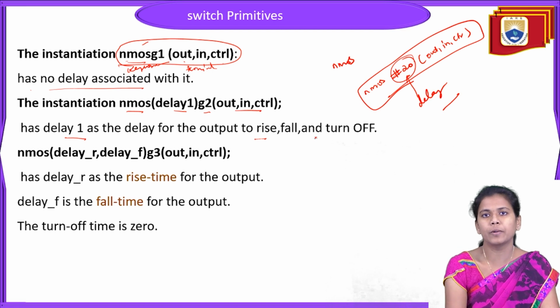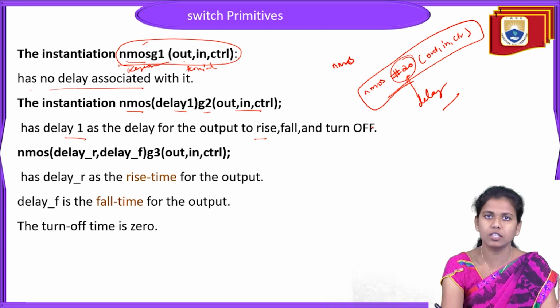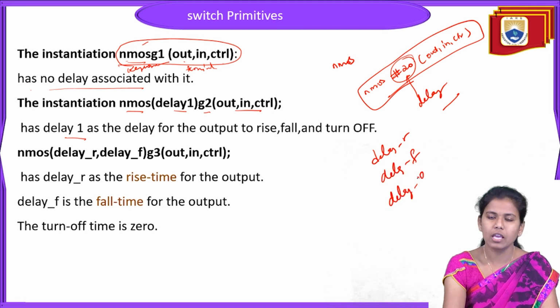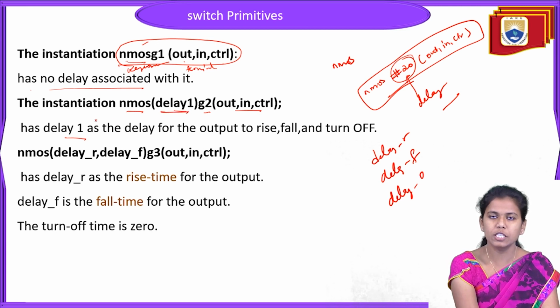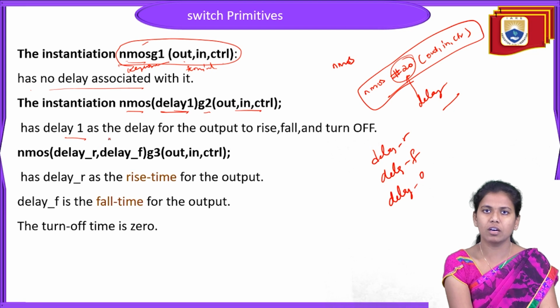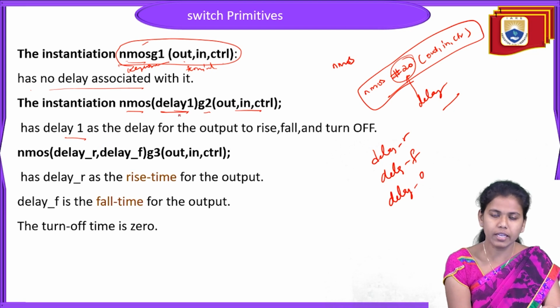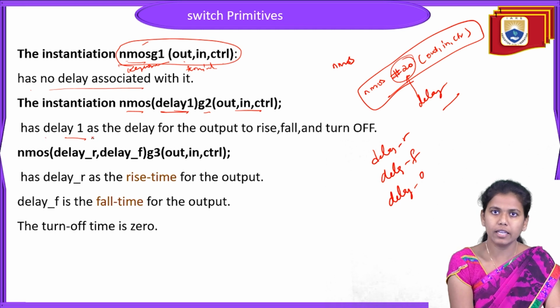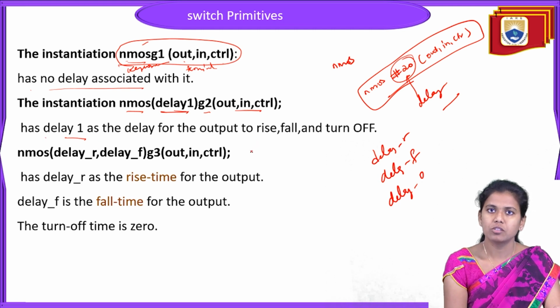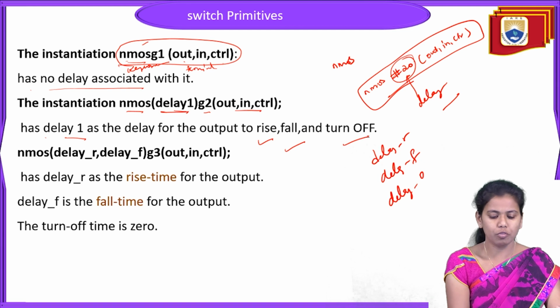So the delay we can consider in 3 terms: delay for the rise, delay for the fall, and delay for the turn off time. So here we have a delay 1, right? Such delay could be with respect to the rise time, fall time and as well as the turn off time. And then we'll go for the third one.